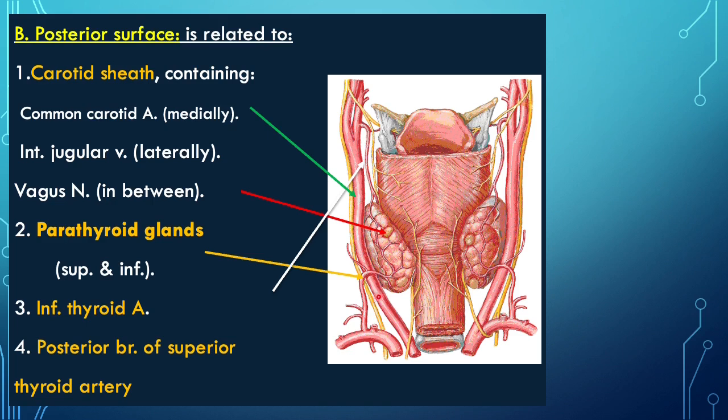The inferior thyroid artery passes behind the gland like this, and the superior thyroid artery divides into two branches, anterior and posterior. The posterior branch of the superior thyroid artery meets the inferior thyroid artery at the back of the gland.